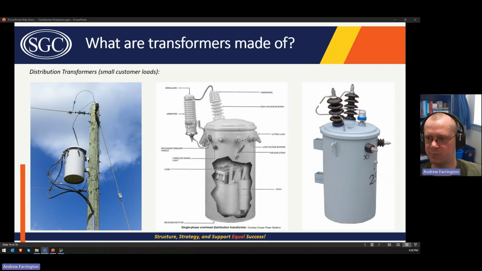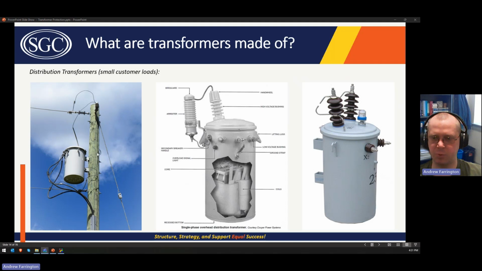This particular transformer here is also showing an arrestor to protect from high voltage transients, and that'll be tapped. And then you've got ports here, ports connections on the low side, and those are the low voltage bushings. So you can see those here, and they've got some cables attached. And then this particular one is heading down into a conduit. Maybe it's going to feed a house underground.